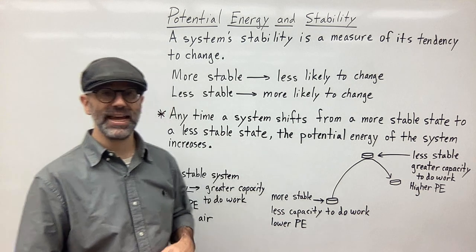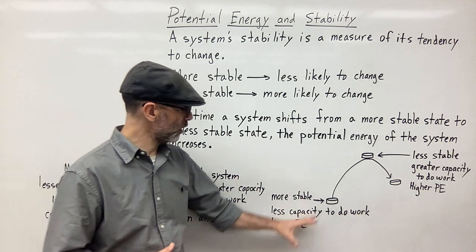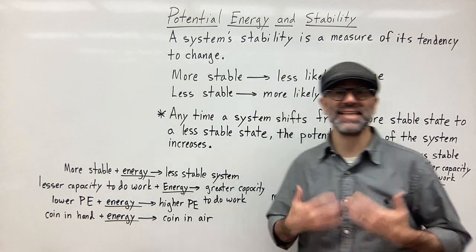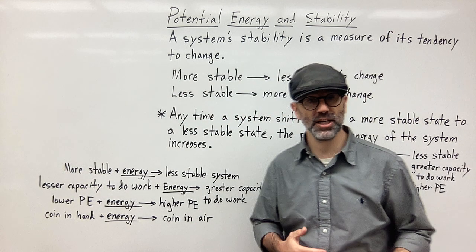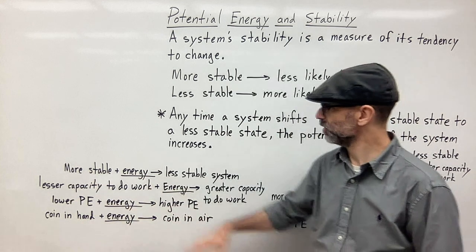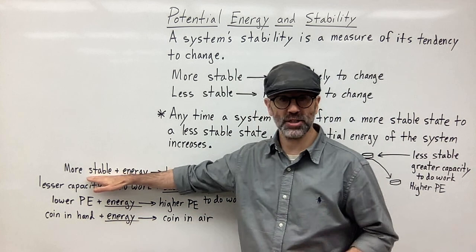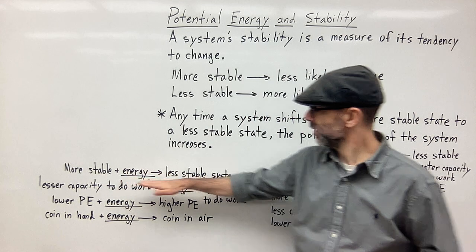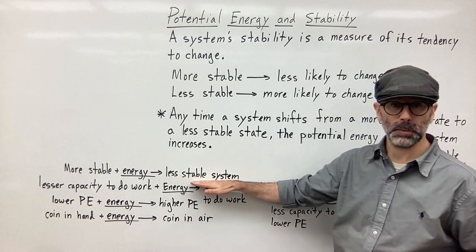So there's a commonality here. There's a common feature when we're talking about systems gaining more energy, more potential energy. And so here I have it written down, more stable. If it's more stable and it gains energy, it absorbs energy, that's going to make it less stable.